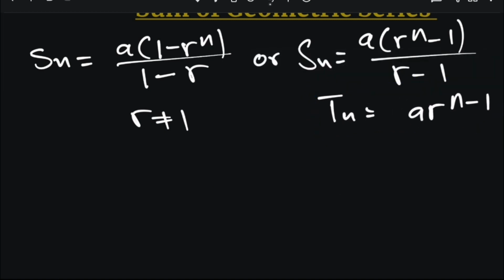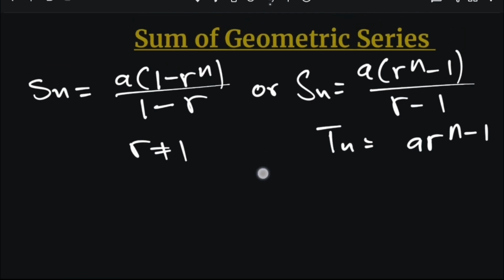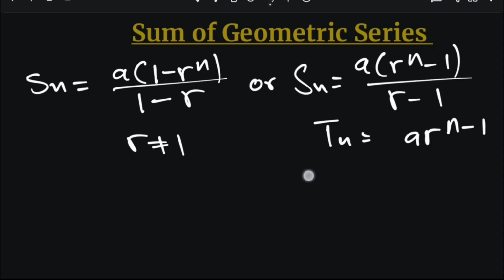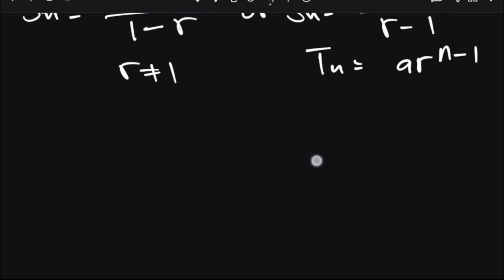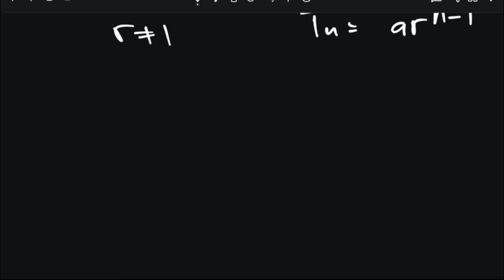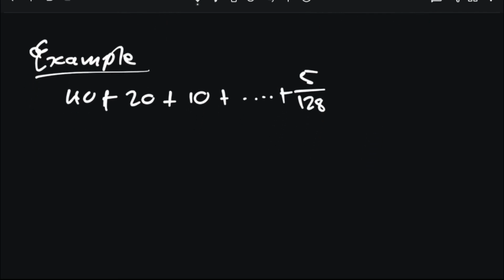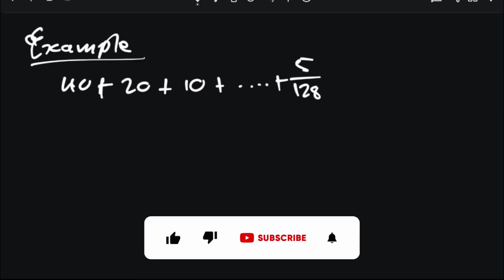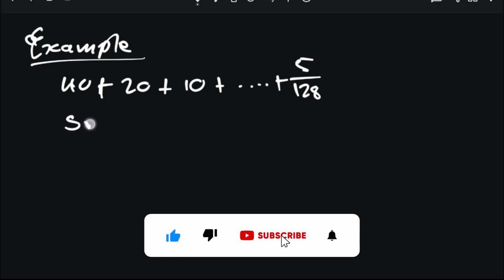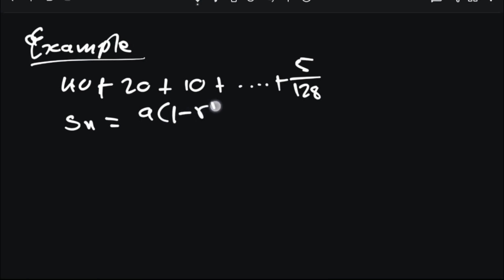Let's look at an example to get the entirety of the idea of what a geometric series is and how to work with it. Let's take this example as our geometric series, and we are asked to determine the sum of the geometric series. Remember, our formula is Sn is equal to a times (1 minus r to the power n), all over 1 minus r.